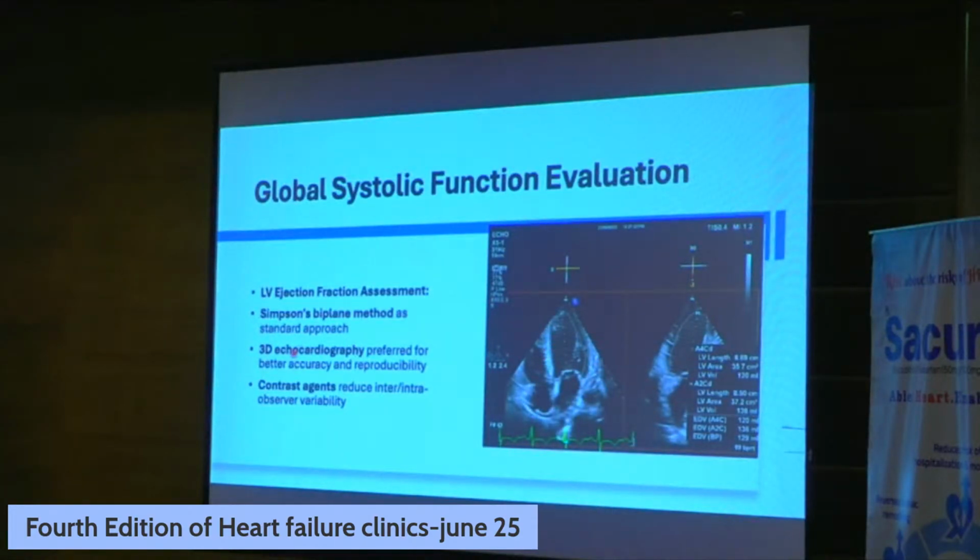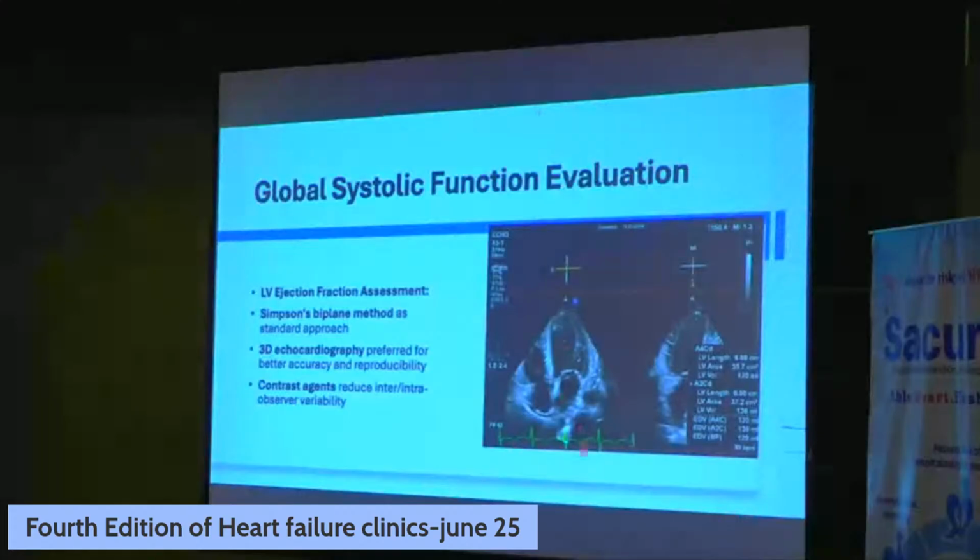But when we do a 3D echo, you will be able to give a clear-cut, accurate reading, and it has better reproducibility. Along with that, if we use a contrast agent, like I have shown you in the previous picture, the contrast opacifies the ventricular cavity, so you can see the endocardial border so nicely.